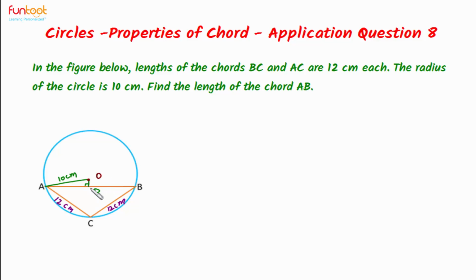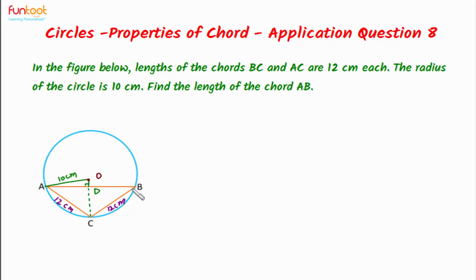For doing this, extend OD to point C. So we have extended OD to point C here, and now let's see whether ADC is a right angle triangle or not. Now it is given in the question that chords BC and AC are equal in length.